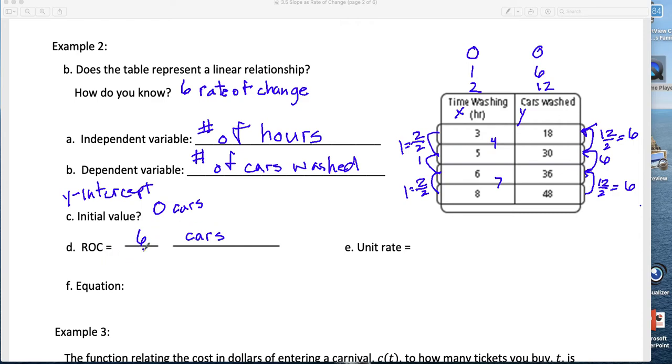And I've got hours on the bottom. So every 1 hour, I wash 6 cars. Makes my unit rate 6 cars per hour. Or each, or every. If you like the other words, you can use them.